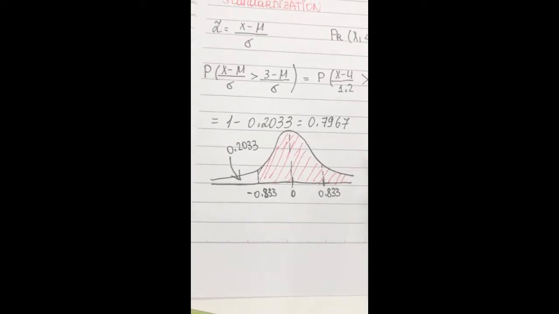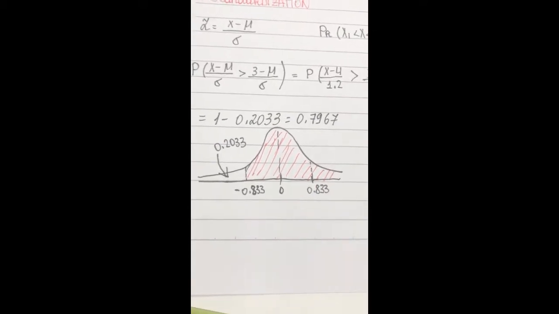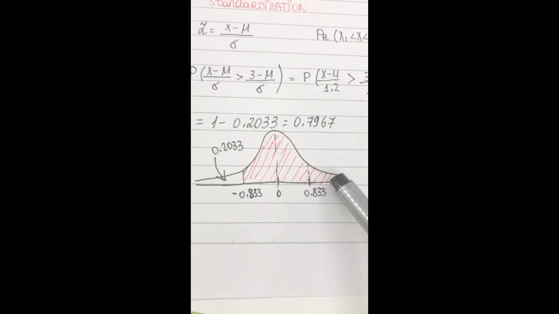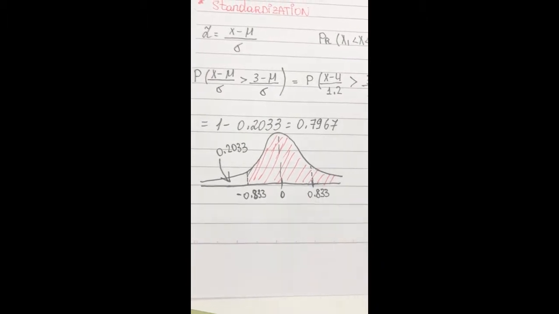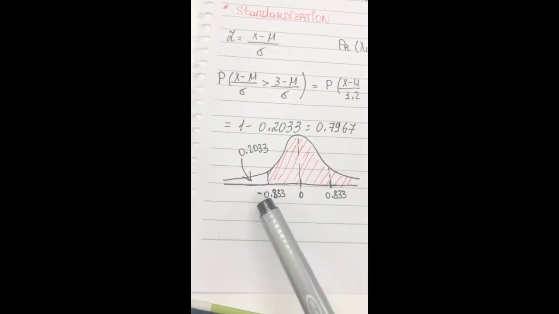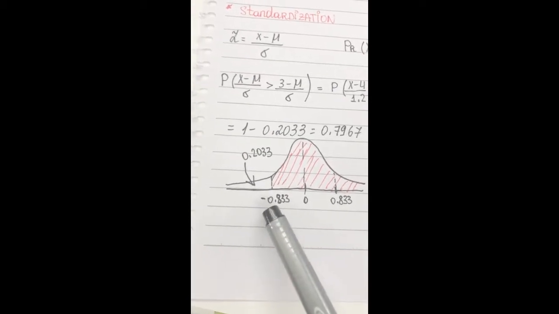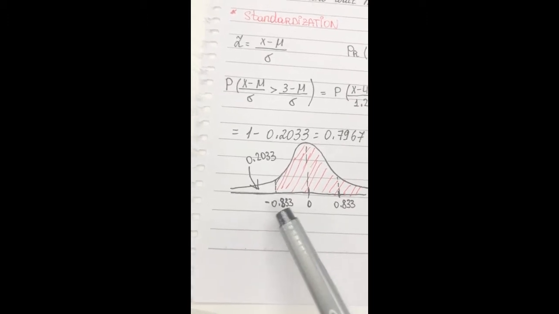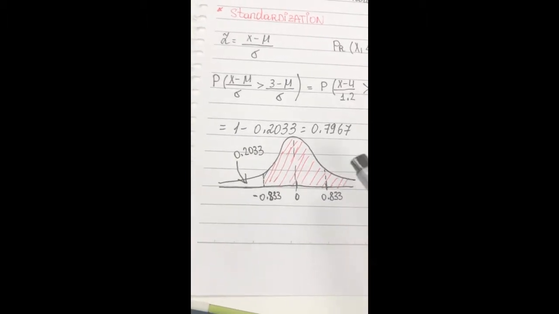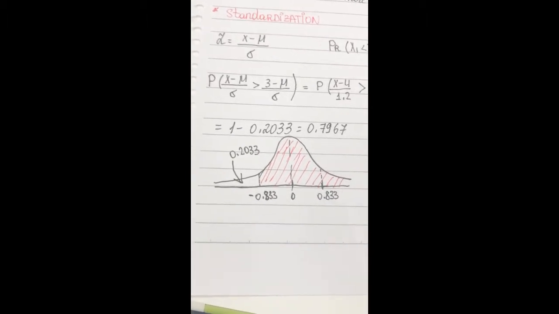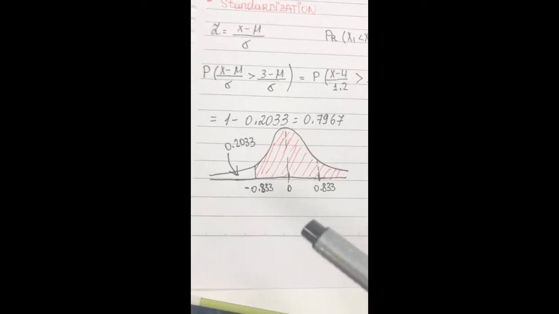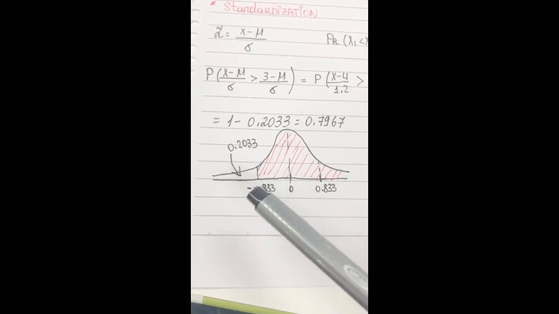Because the graph is symmetrical, if we look at the right hand side, the area greater than minus 0.833 is equal to the area smaller than 0.833. We know that the area under this graph is 1, and if we subtract this area from 1, we get the probability that we need.